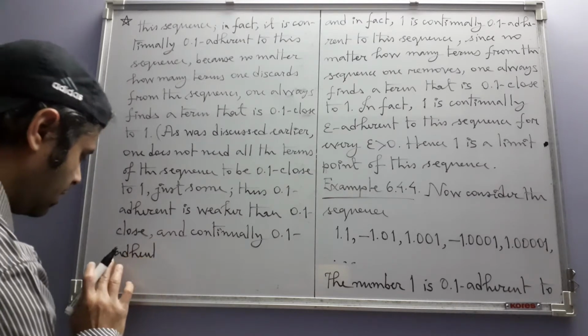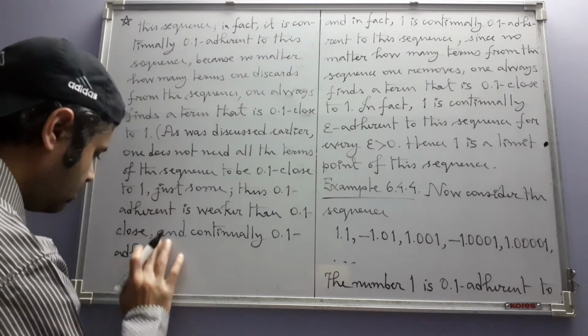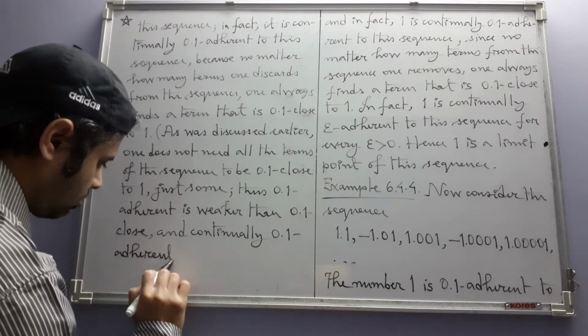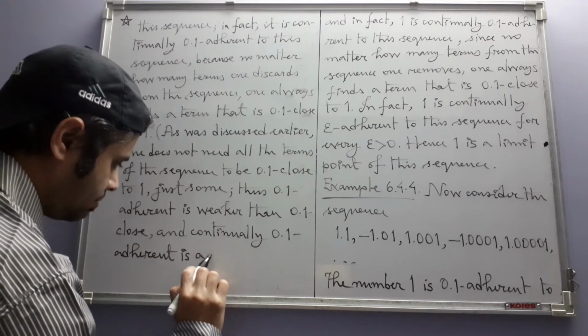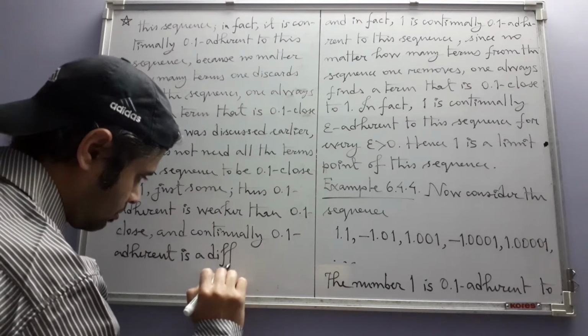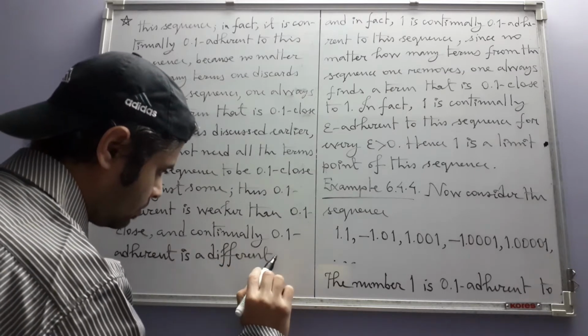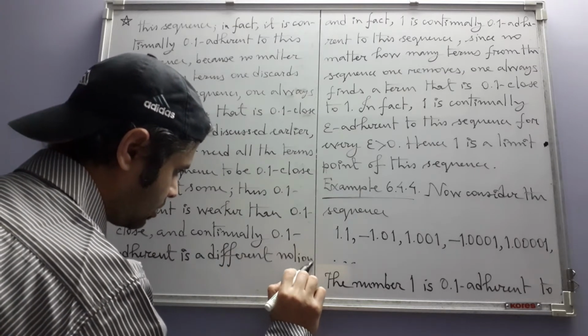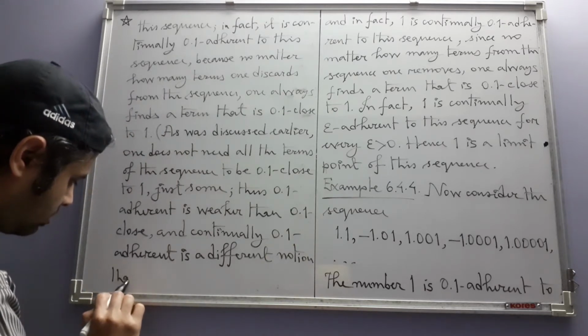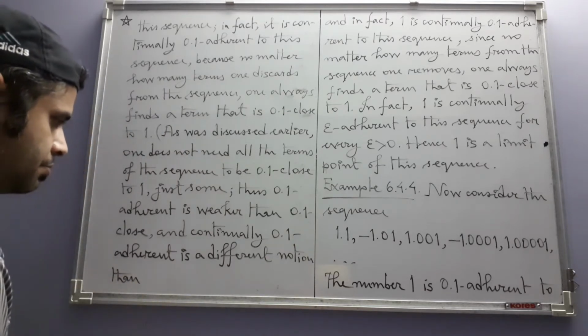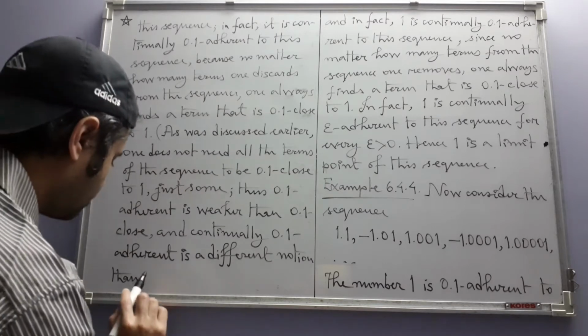What am I writing? Adherent is a different notion than eventually 0.1 close.